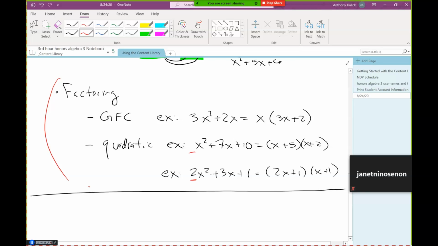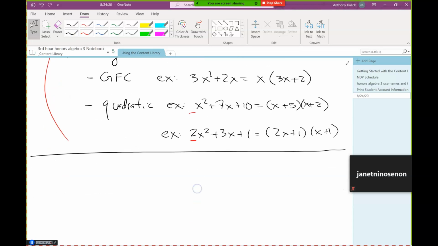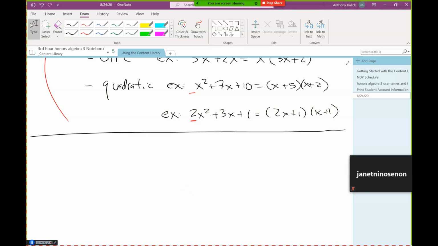Now, not every one of those we're going to be able to factor, but certain ones we will be able to, and we'll have to figure out established rules for which ones we can do it for and which ones we can't, and how to show that we can't do it. But that's a big part of the end of first and beginning of second semester: dealing with factoring. And we'll do this for lots of situations beyond just quadratics. So that's a big important piece there.